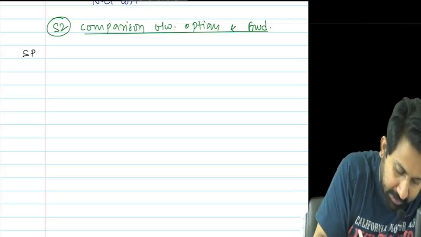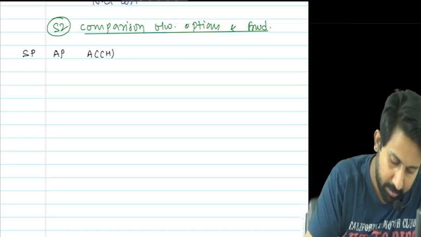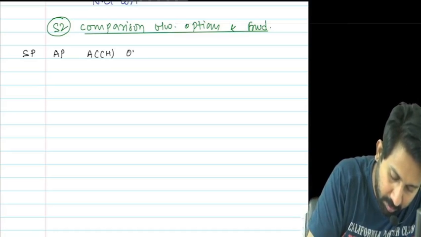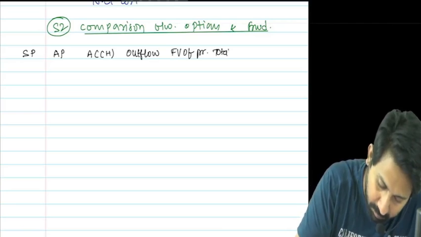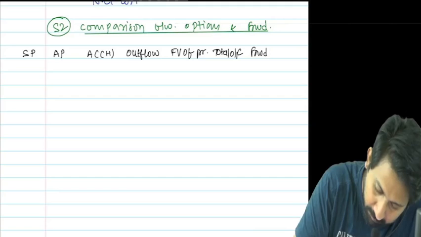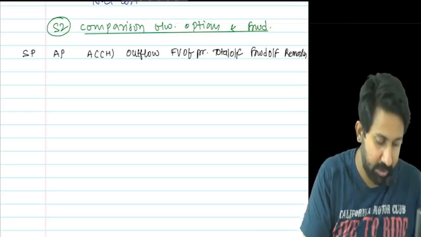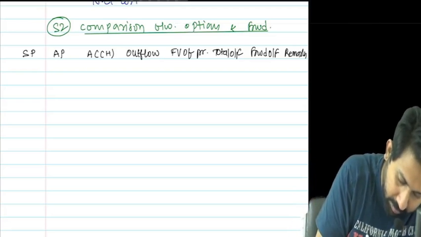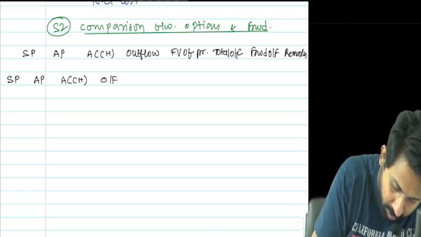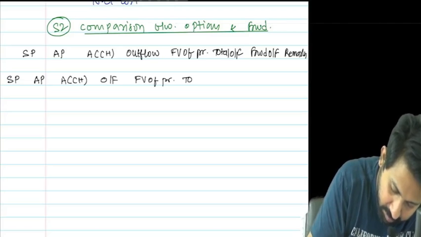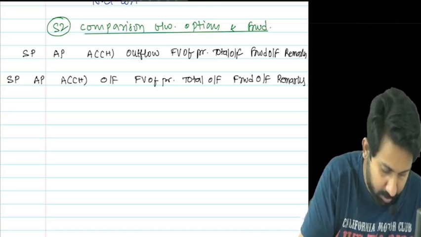First, SP, AP, action by call holder, outflow, future value of premium, total outflow, forward outflow, remarks.